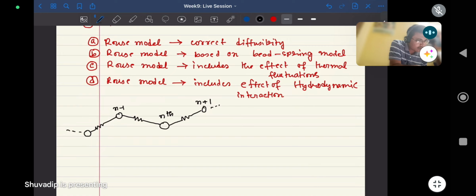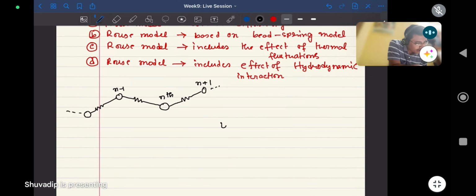Now the spring energy associated with the nth bead is U spring is half k (Rn plus 1 minus Rn) whole square, this is due to this spring, and half k (Rn minus Rn minus 1) whole square.